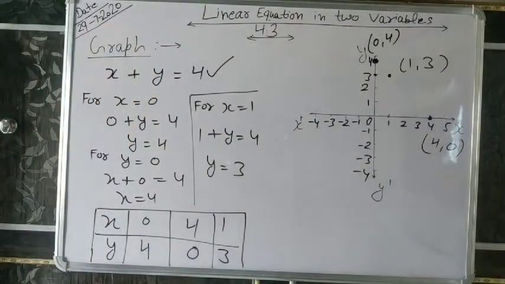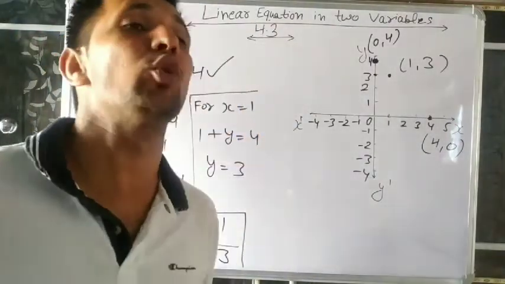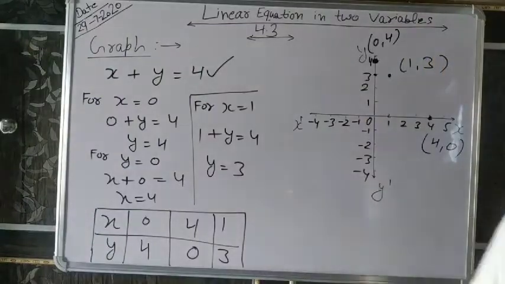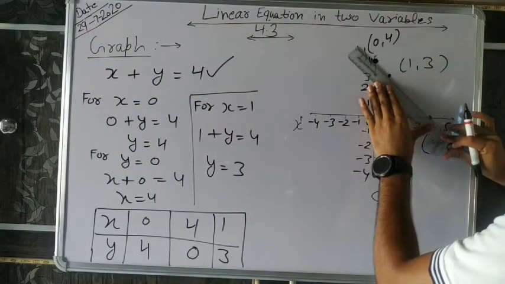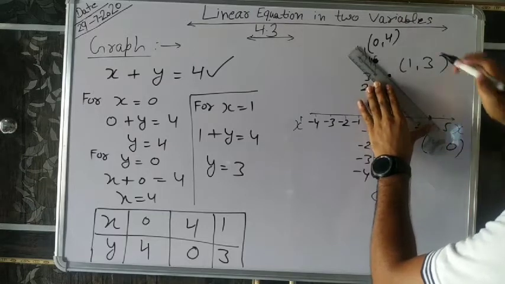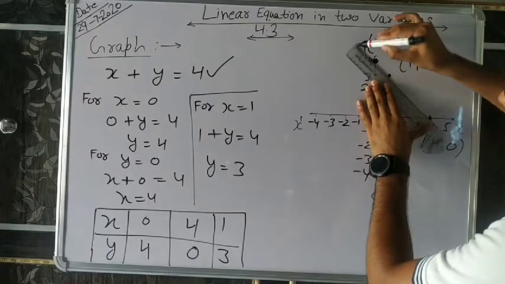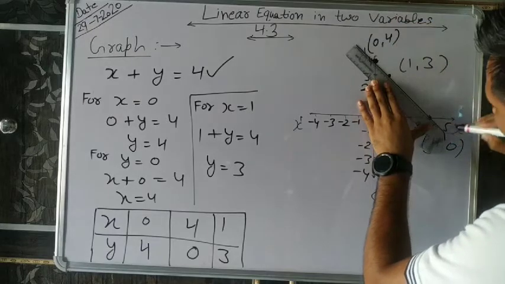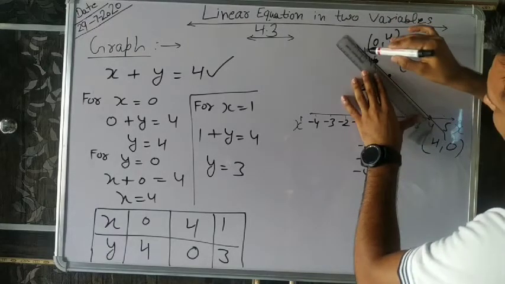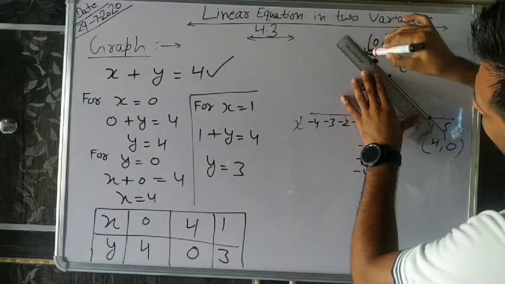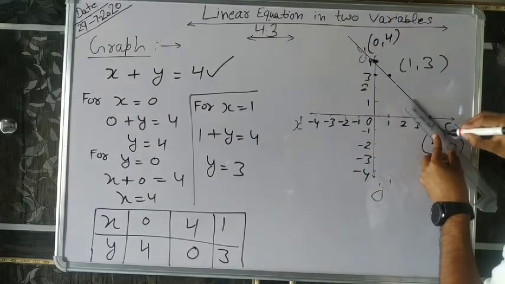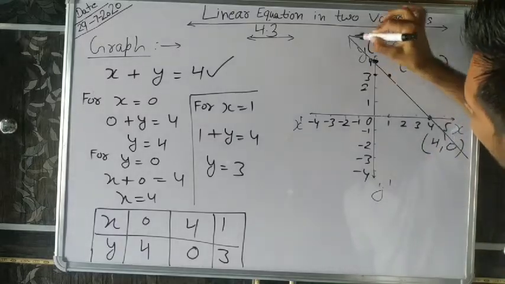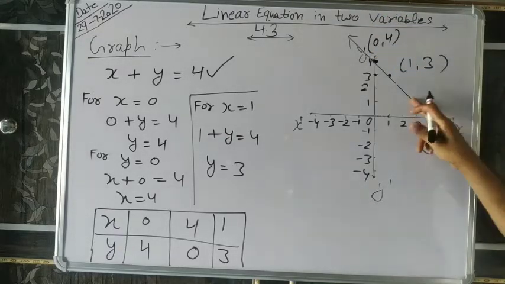Now we will join all the points that we have already drawn on the graph. By using a scale, we join all these three points. So this is the graph.